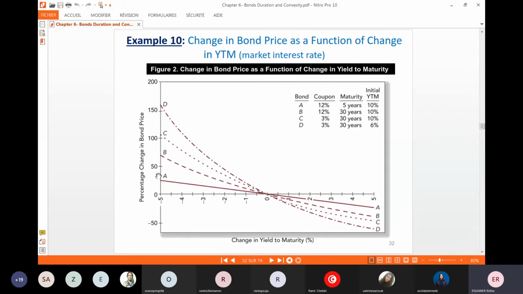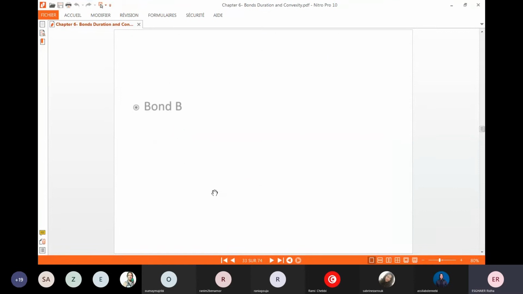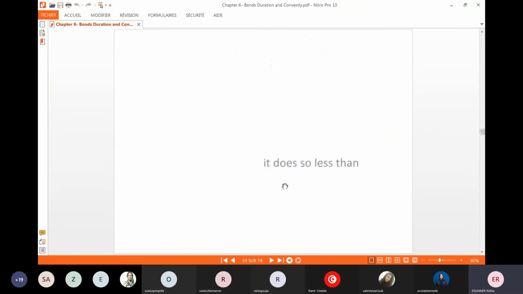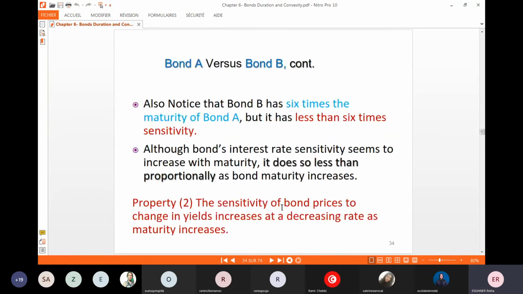So what do we say here? Probably one can say that prices of long-term bonds tend to be more sensitive to interest rate changes than the price of short-term bonds. This is what we answered earlier. The second thing is that the sensitivity of the bond prices to change in yields increases with maturity but at a decreasing rate as the maturity increases.